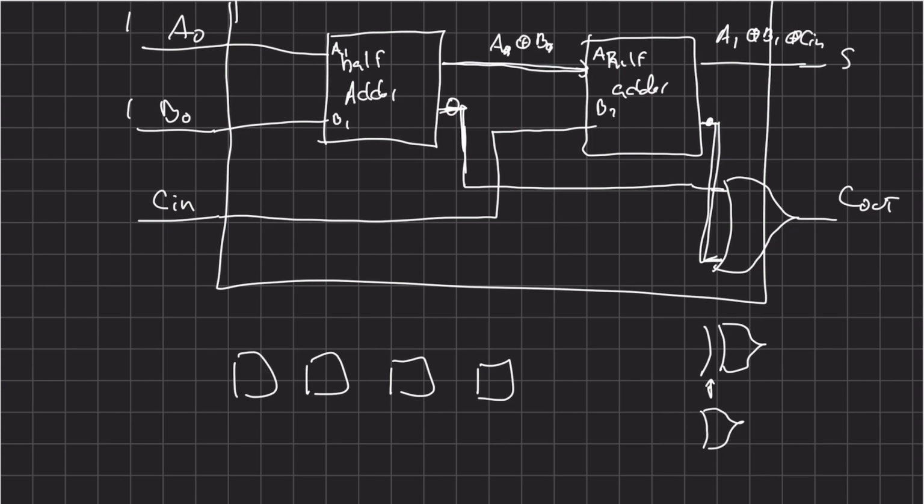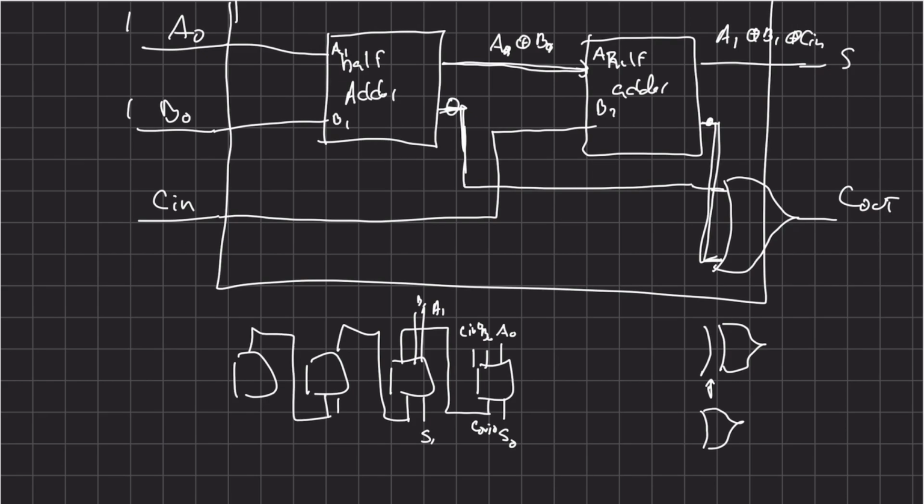So A0, B0, Cin0, and this is S0, Cout0, connect to the Cin here, A1, B1, S1, like that, and so goes the 16-bit adder. Okay? So let's do this. And we will also do some test bench.